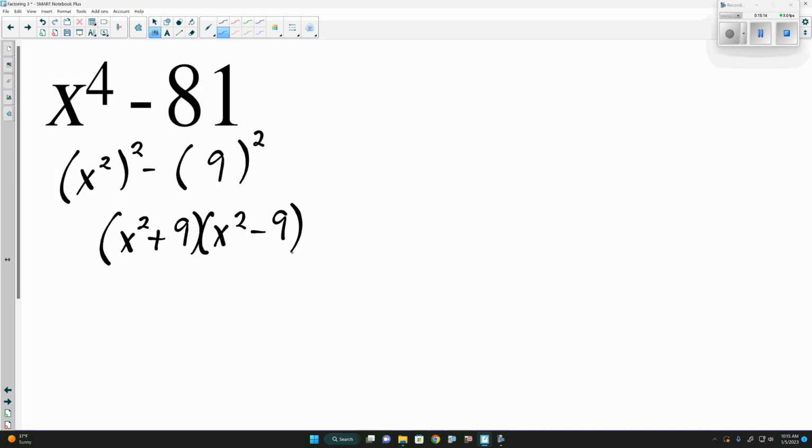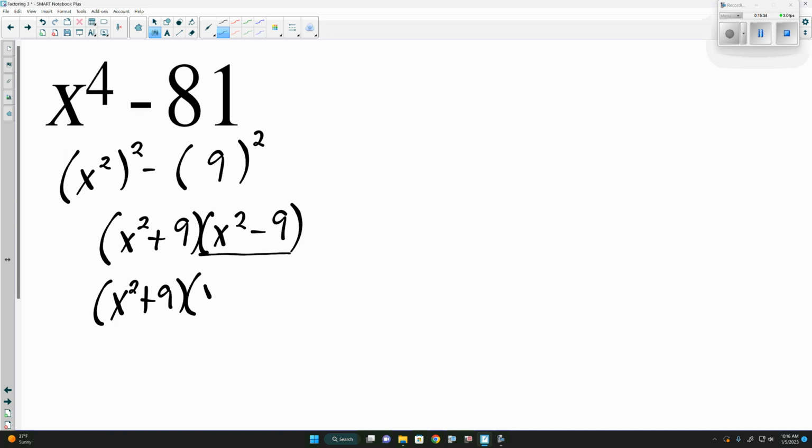x squared minus 9. Is 9 a perfect square? It's 3 times 3. So what that tells us is that we can take this one step further, because we can factor x squared minus 9.